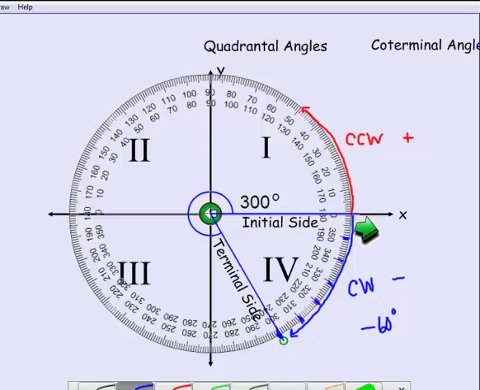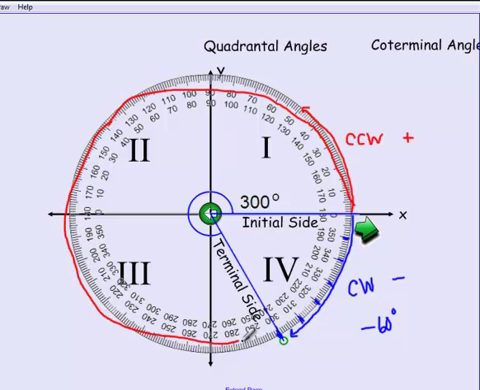Or it can have a positive answer of, keep going, keep going, keep going, 300 degrees. Both get me to the same place.